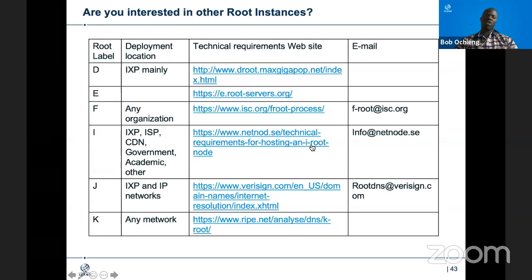So we are able to point you to them if those are the particular instances that work in your arrangement. For example, if you are an IXP, the L root might not be the best solution for your circumstances. It could be a different kind of server. So we'll point you accordingly. Next, please.